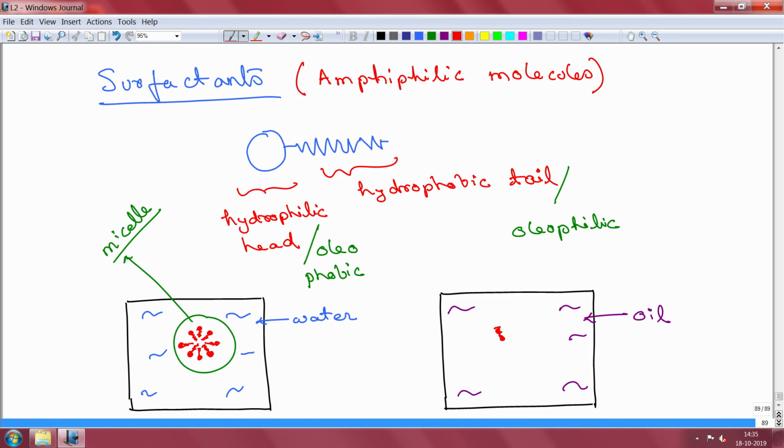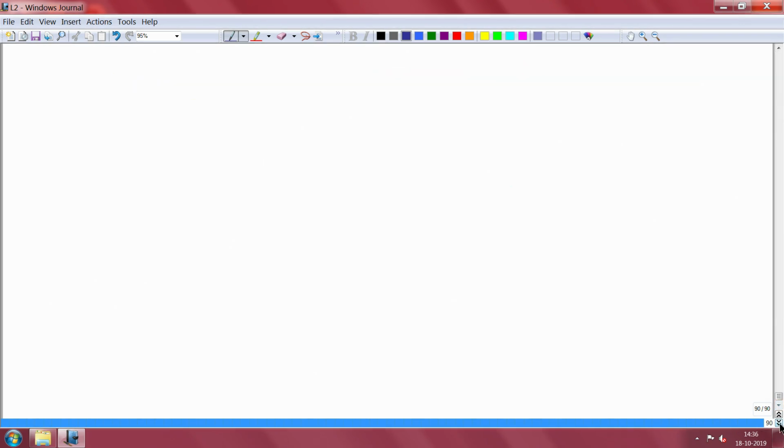So, you have this arrangement just reverses, and this is also called an inverse micelle. So, this is how they can dissolve in the oil phase.